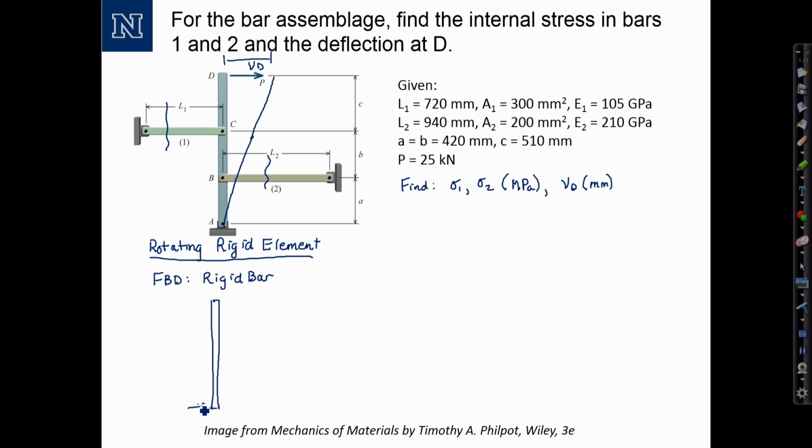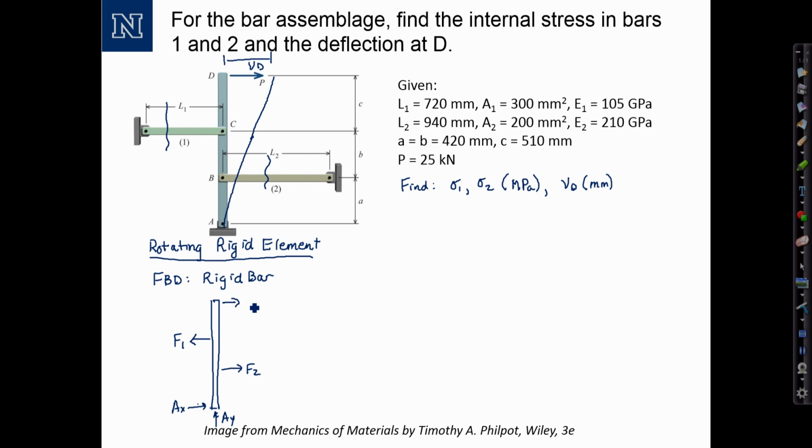The pin at the bottom can be replaced by reactions A_X and A_Y. The bar 2 we're going to replace with a force, which I'm going to call F2. Always going to draw in tension, even though it might not be in tension, but just for consistency. The force F1 in bar 1, also drawing in tension.